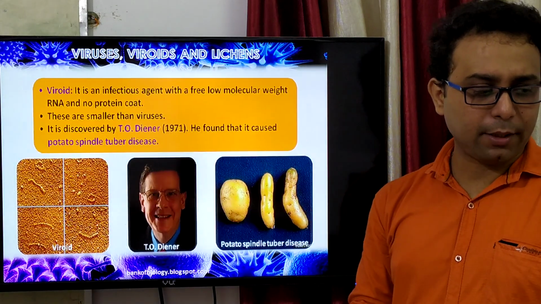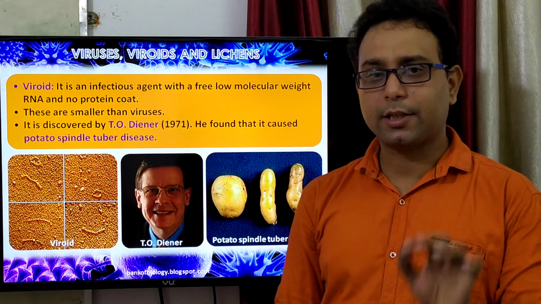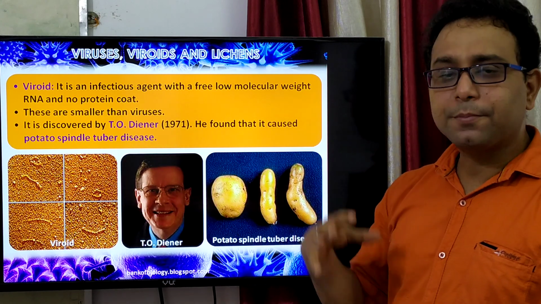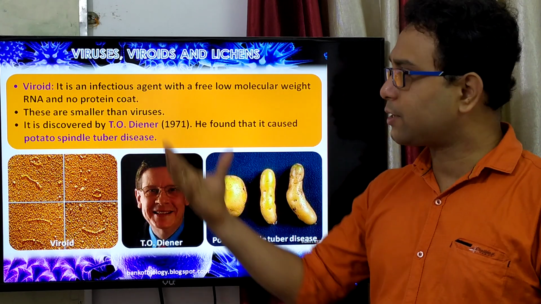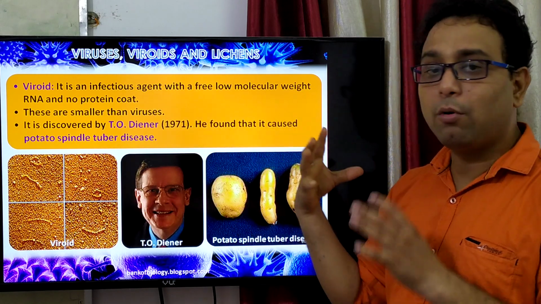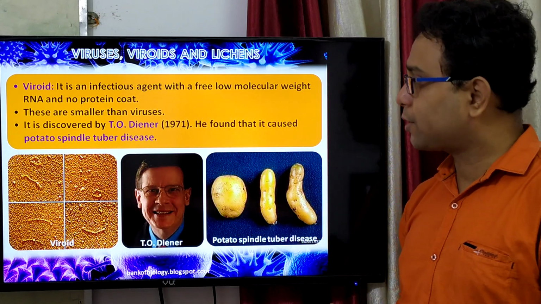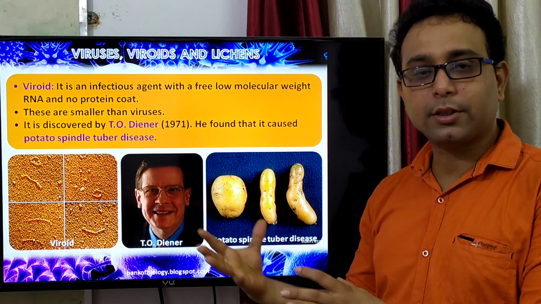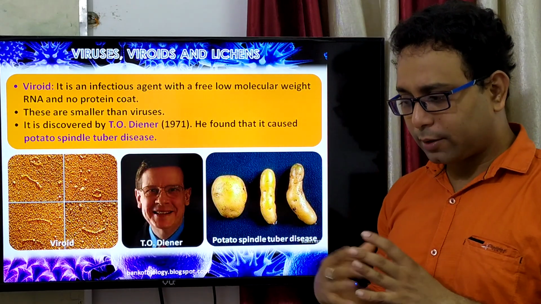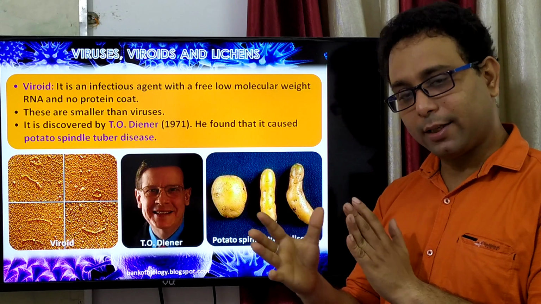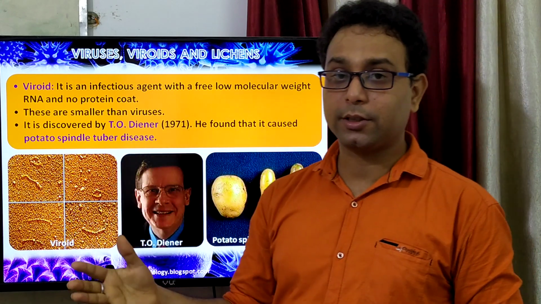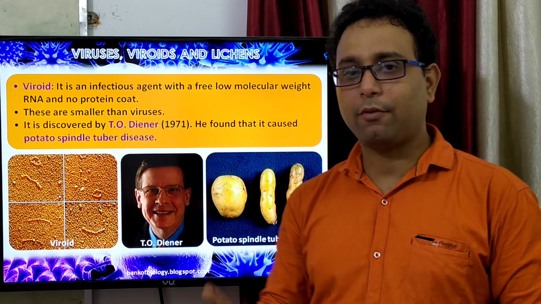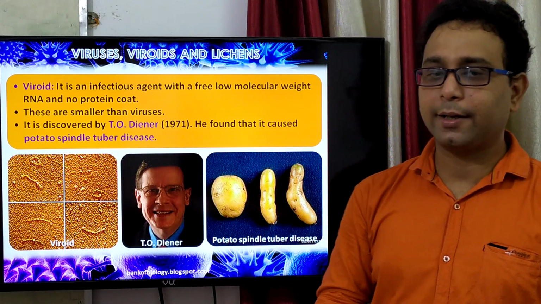Now another term is coming, very important for your NEET, that is the viroid. The scientist T. O. Diener observed one infectious agent with low molecular weight RNA and no protein coat that can cause disease. We understand that viruses have a protein coat and genetic material that can cause disease, but there is some agent in nature which has only low molecular weight RNA.